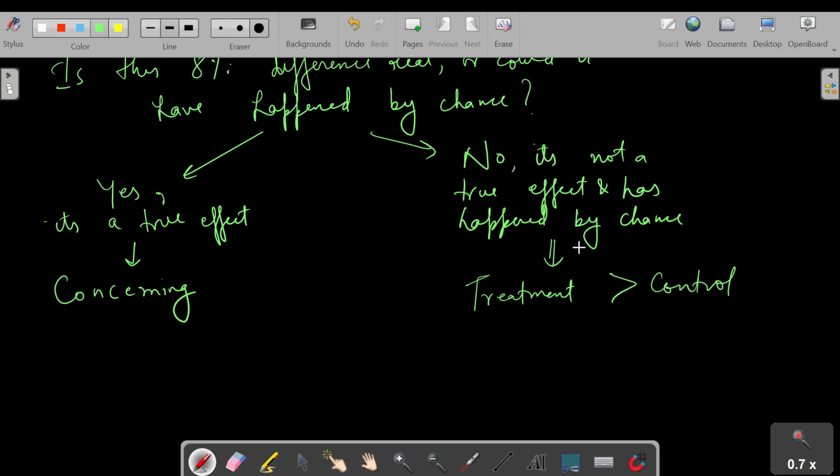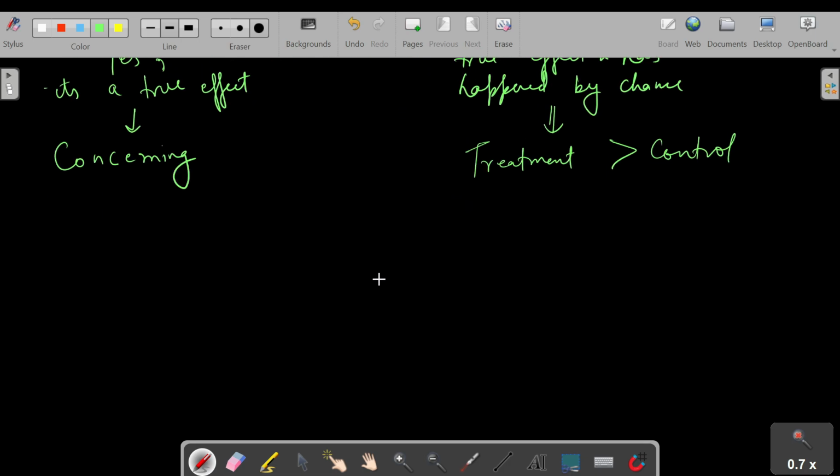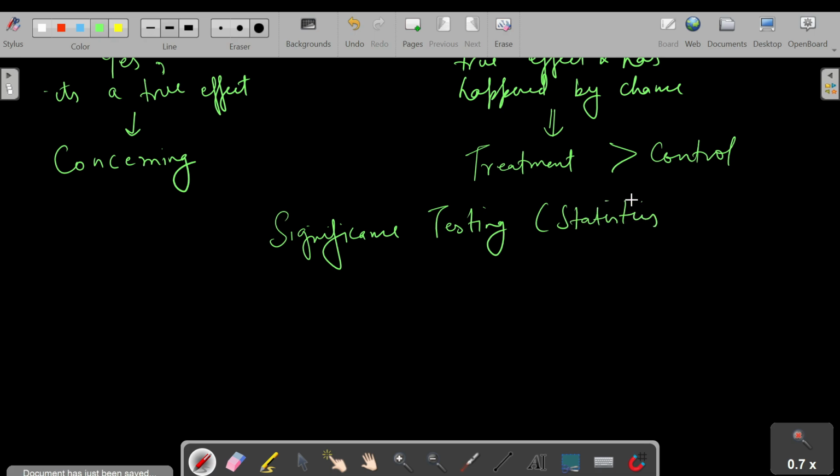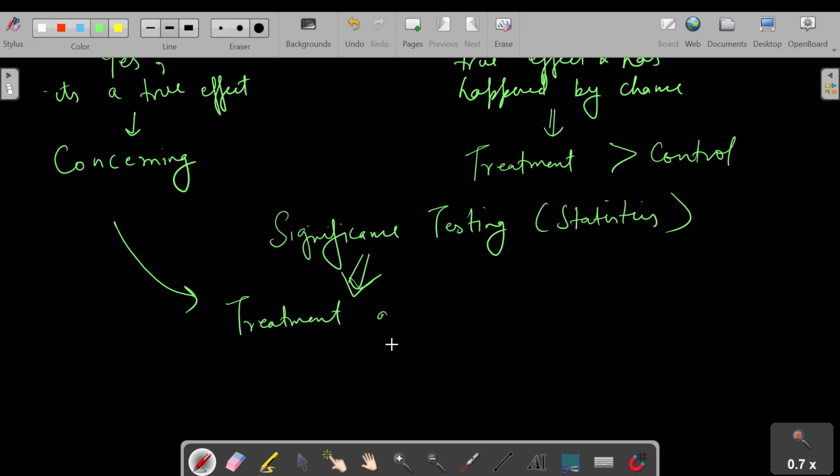What researchers found is that they used statistical methods like significance testing, which comes from statistics, and they reached the conclusion that yes, it's a true effect. In this particular case, the stents are not performing well, and the treatment group is performing worse than the control group.